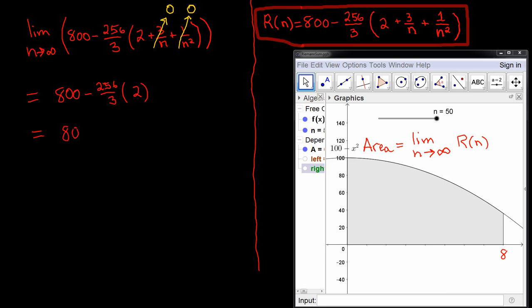We have 800 subtract, let's see, 256 times 2 is 512, 512 over 3. So my claim is, I'll go ahead and circle that, I claim that is the exact area under this curve. The exact area under this curve between 0 and 8, the shaded area in the picture, is exactly equal to this.